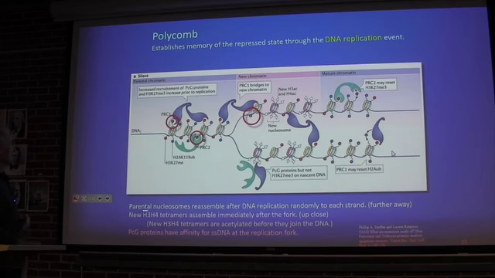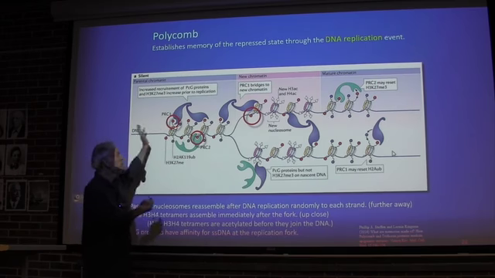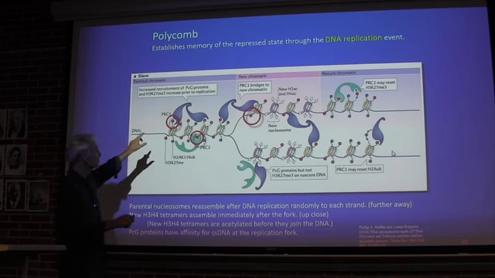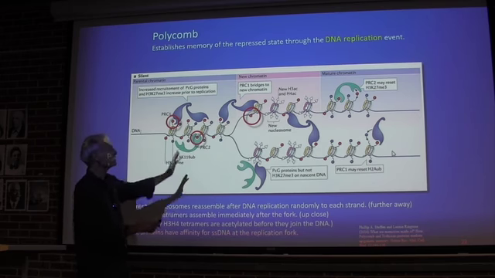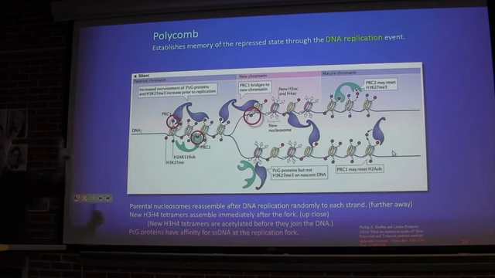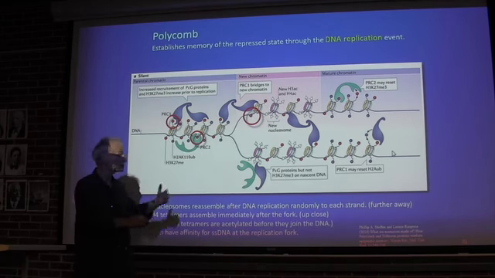And so the theory is that the marked nucleosomes in the pre-replication DNA are randomly distributed among the two strands that are made after the duplication event. So you don't get all the old nucleosomes going on to one of the daughter genomes versus the other.